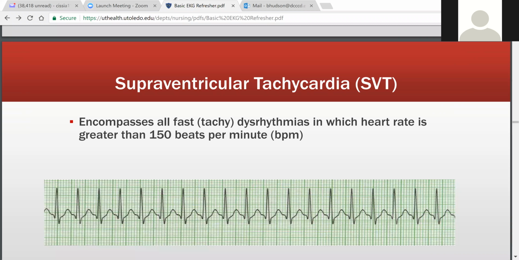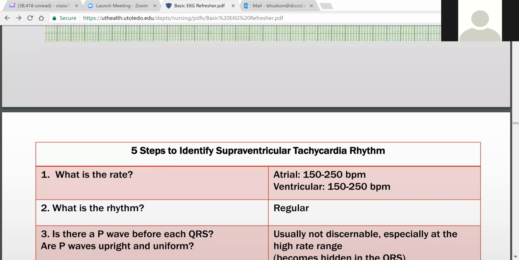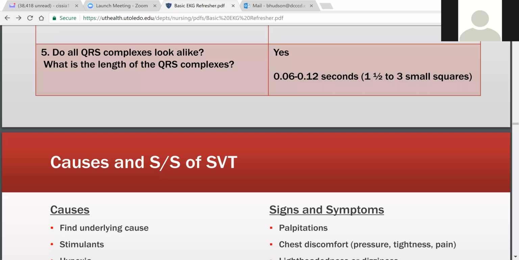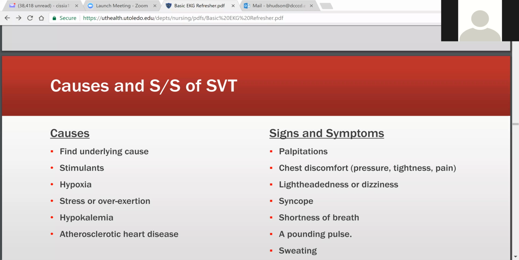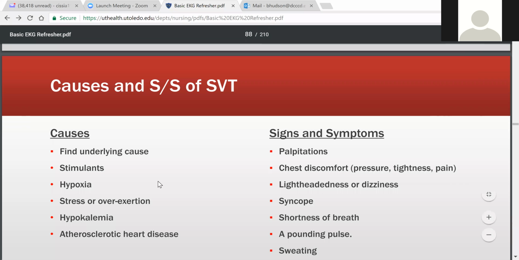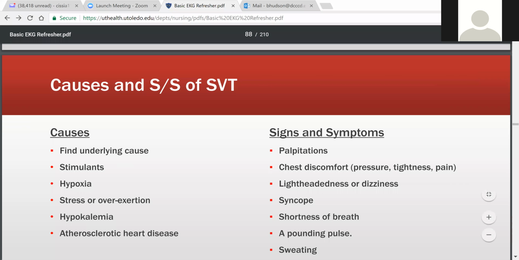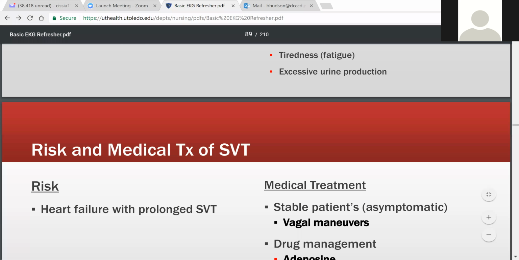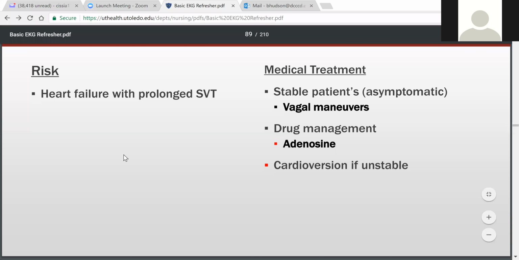It's definitely coming out of the SA node though. So for all your monster drinkers and caffeine drinkers, that would be what your heart would be doing. And that can go all the way up to 220 beats per minute. So any stimulants, stress, hypokalemia, those things can cause it. And usually the person will be short of breath, has some chest tightness and palpitations.